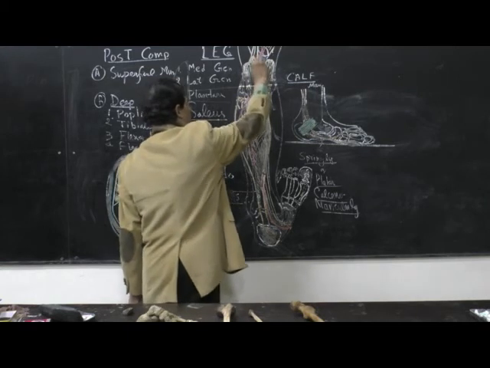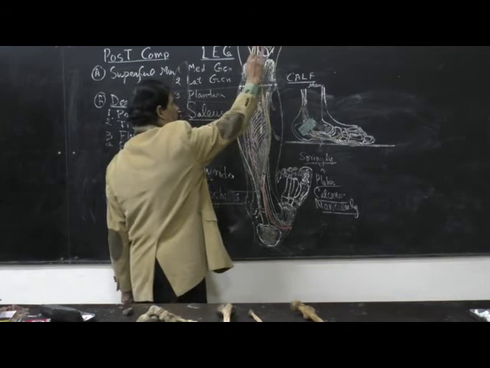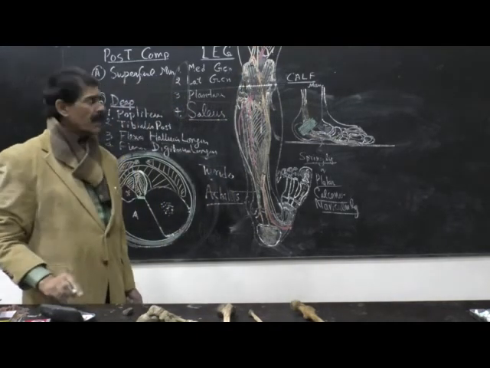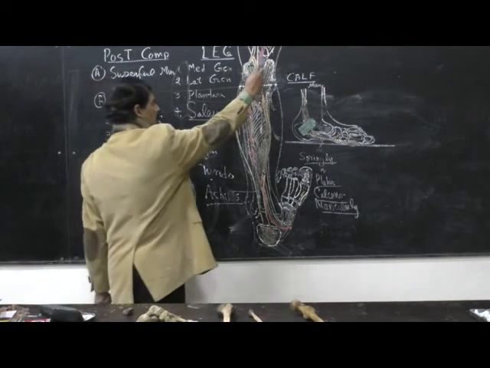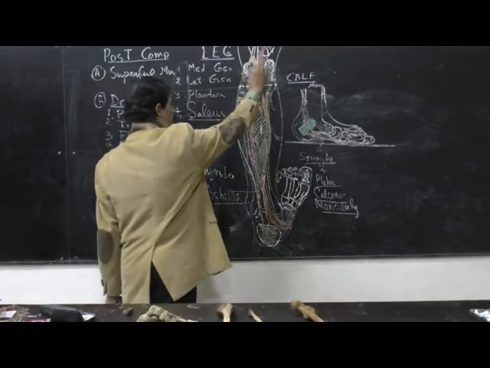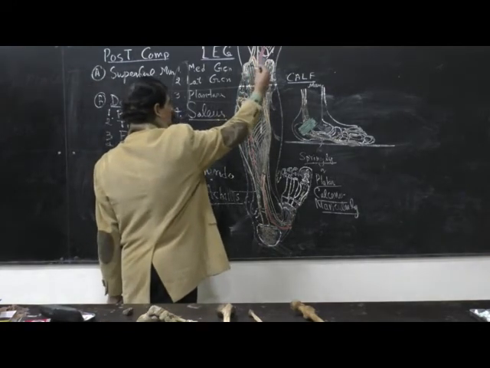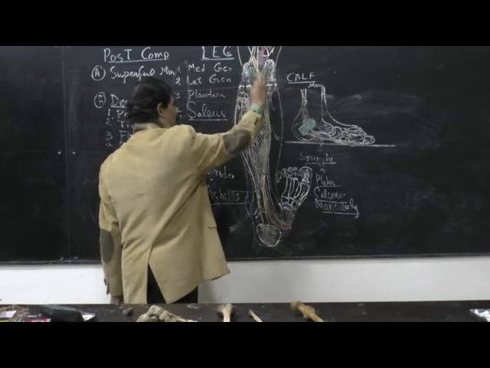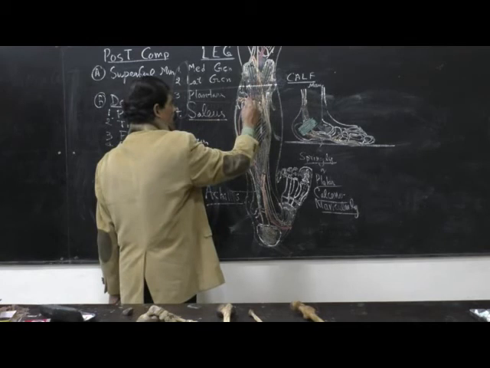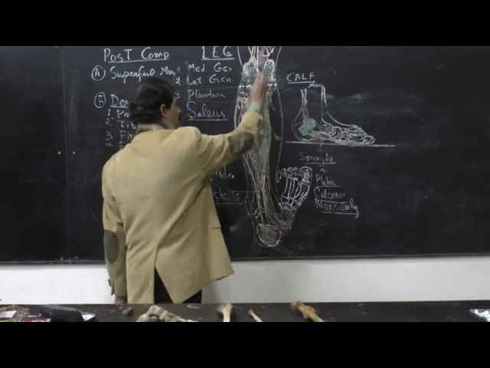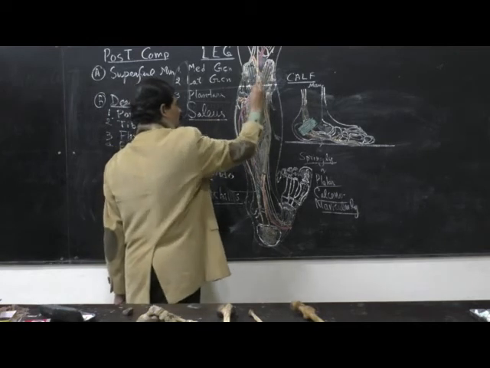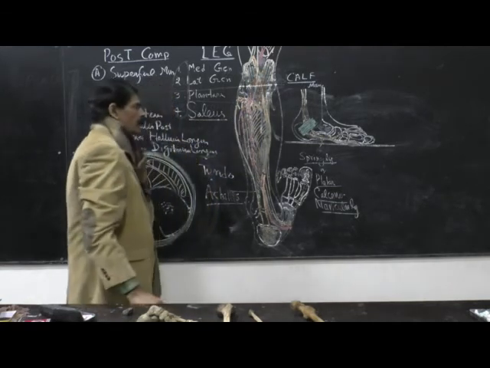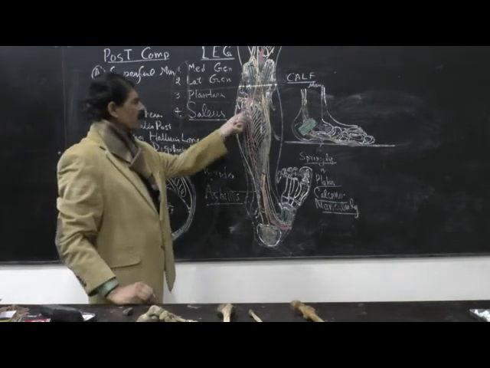In the popliteal fossa, the tibial nerve is the most superficial of the contents. It passes between the two heads of the gastrocnemius. Like the popliteal artery, it also runs towards the upper border of the interosseous membrane.